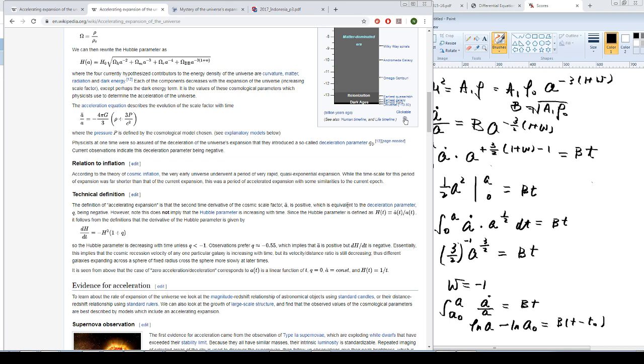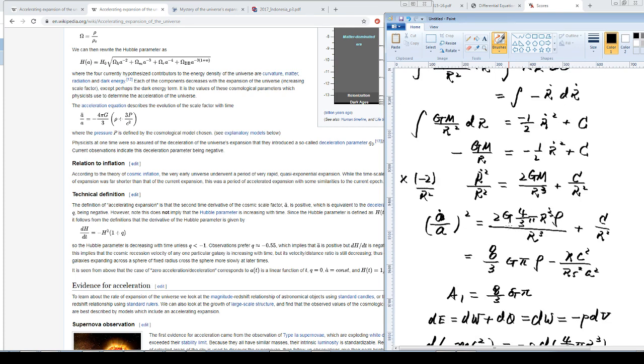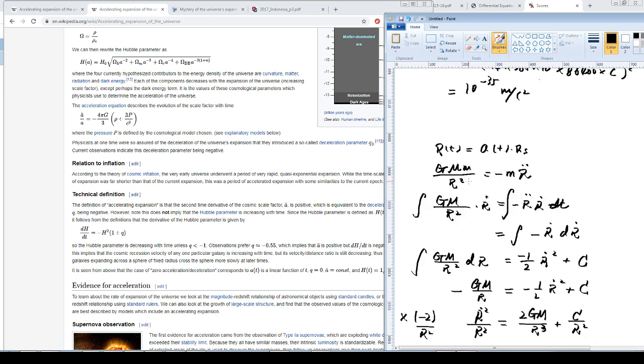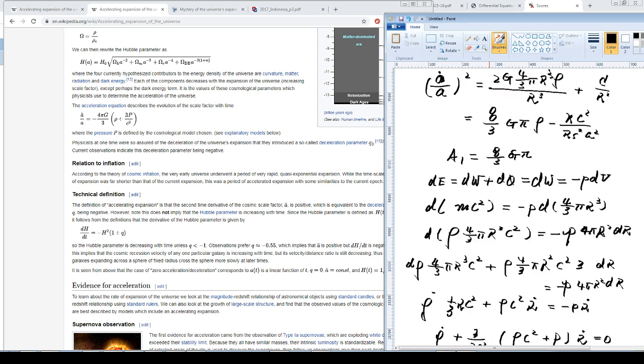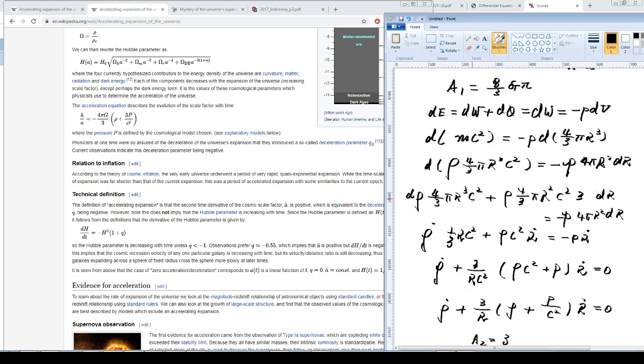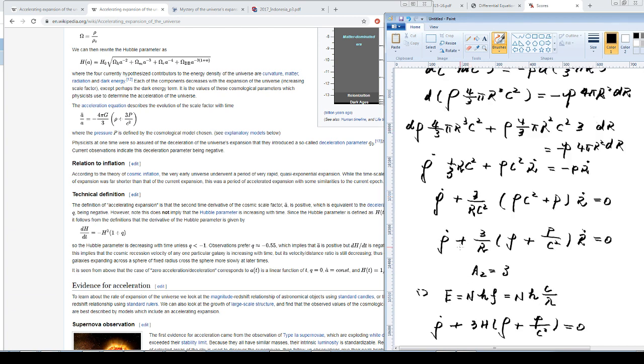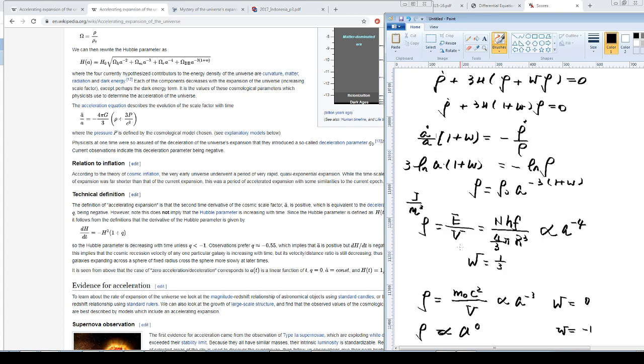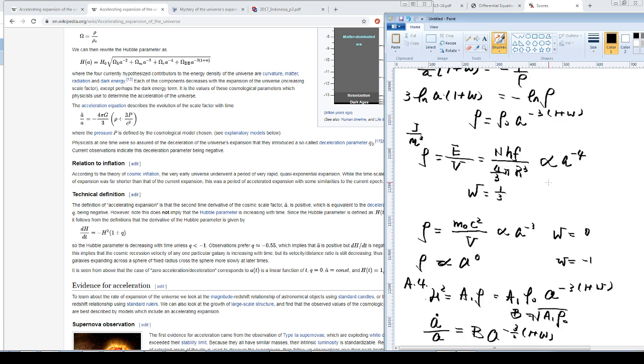How can this be negative? Our starting equation is that being negative. Okay, but that's classical. In the relativistic version, we have seen how rho acts as a function of radius.